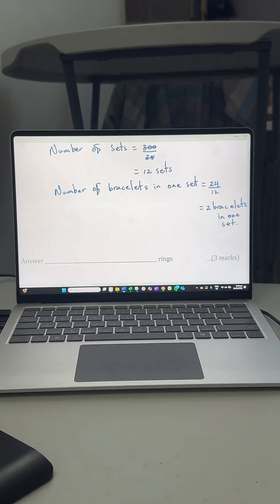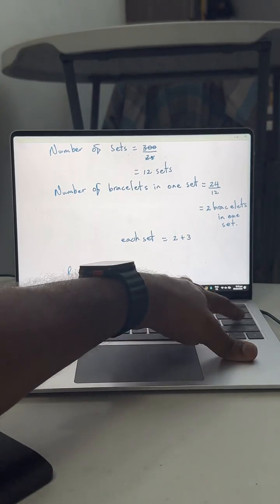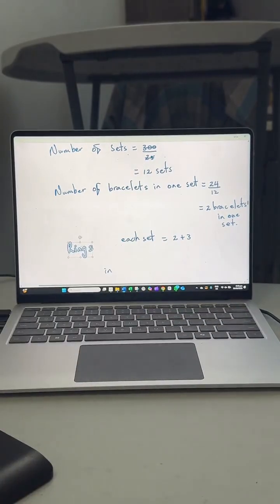So how many rings does each set have? Rings in each set would be equal to 2 plus the 3 more. Each set has 3 more rings than bracelets.